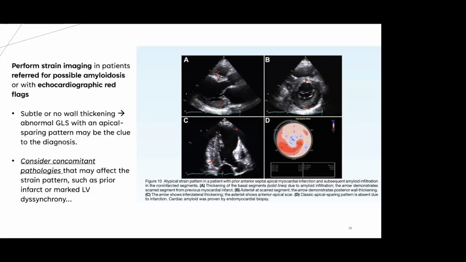So what happened to this patient essentially is that they got infiltration of amyloid in the non-scarred areas where their MI wasn't affected. And it did affect their bullseye plot here because they've scarred off that apical area where their MI occurred, but they still had amyloid. And doing the strain analysis was helpful in this case and guided biopsy of the appropriate cardiac tissue to make the diagnosis.